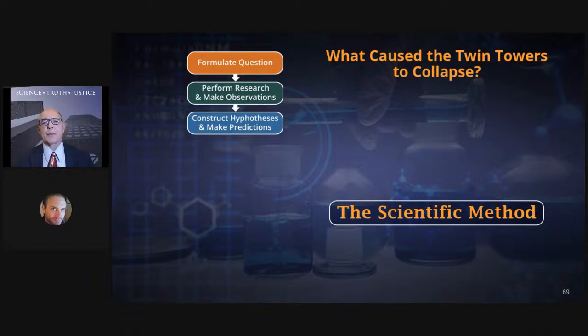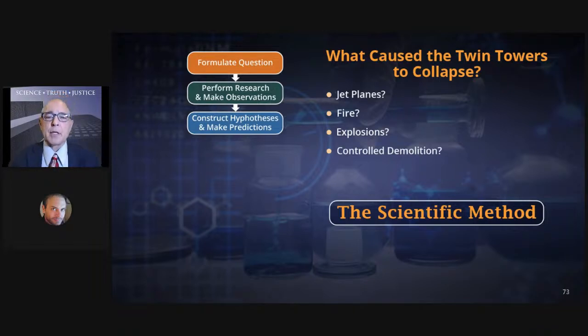Well, one hypothesis is jet planes, one's fire. These are reasonable hypotheses. Explosions are a very reasonable hypothesis given the evidence that you're going to be seeing today. And controlled demolition is quite a reasonable hypothesis, as you'll see today too.